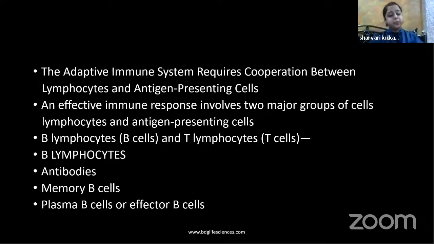We will learn in brief about B lymphocytes and T lymphocytes one by one. B lymphocytes produce antibodies, they produce memory B cells, they produce plasma B cells or effector B cells. Two types of cells are distinguished: memory and plasma. Their main function is to produce antibodies.